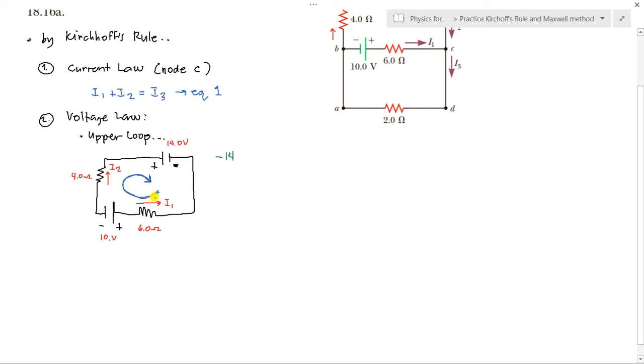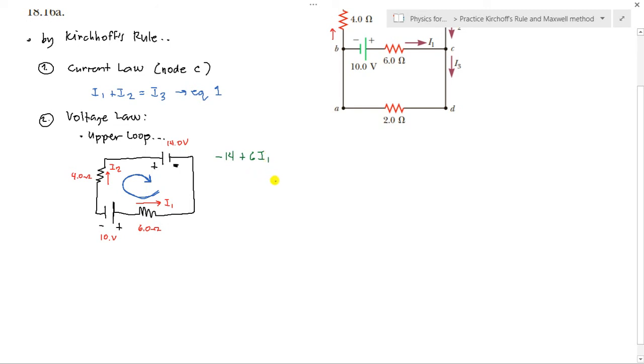Increase. It has a positive sign because its direction is opposite with respect to the assumed direction. So therefore we have plus 6 I1.